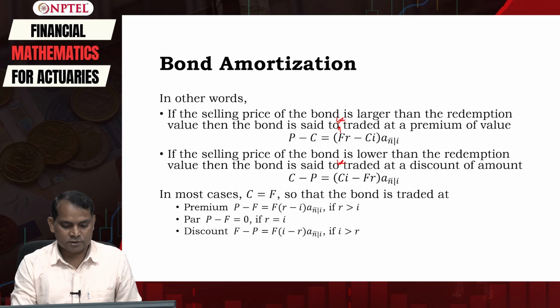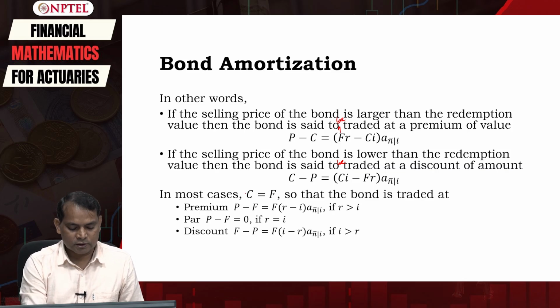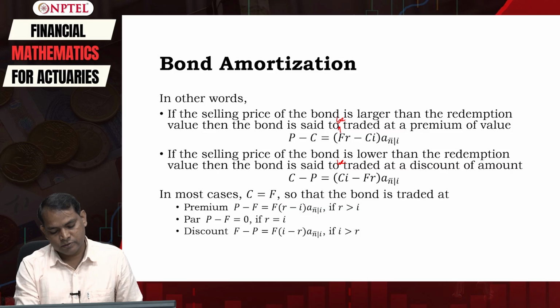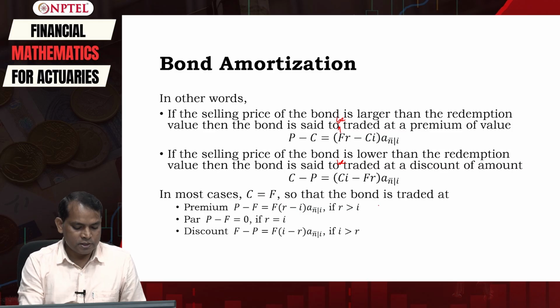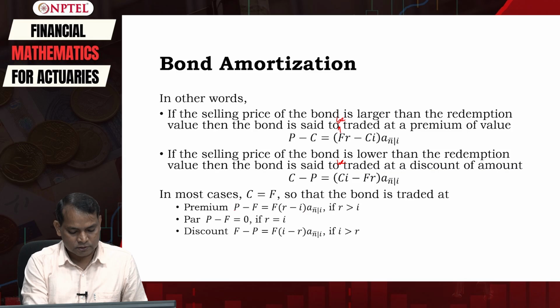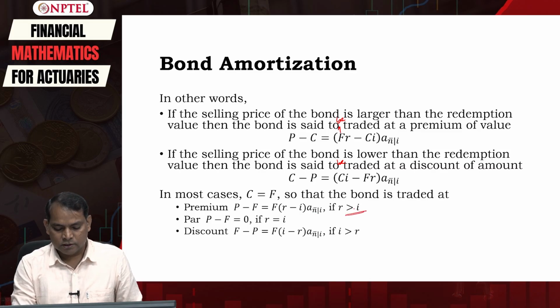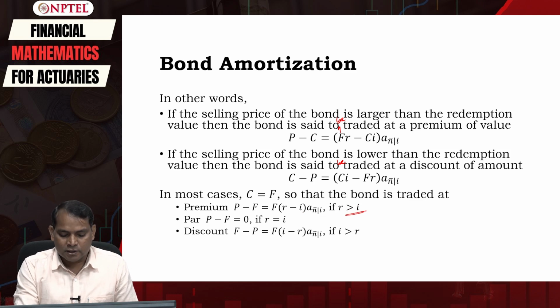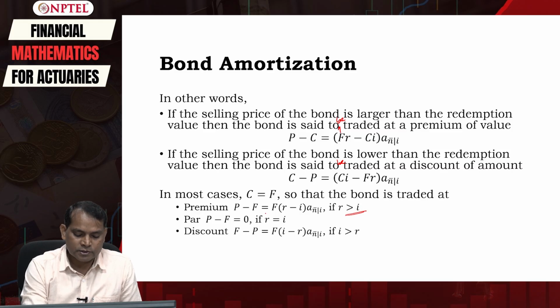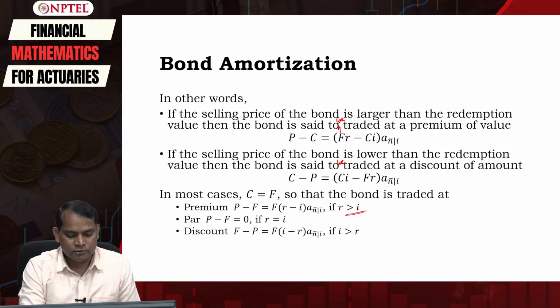In most cases C is equal to F, meaning the redemption value is equal to the face value, and therefore the bond is traded at a premium, that is P - F = F(r - i) a angle n at i, if r is greater than i. So if the coupon rate is greater than the yield rate, it is a premium.